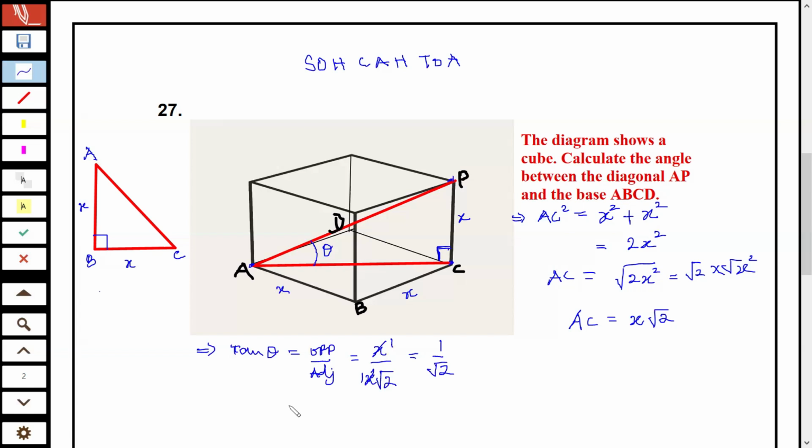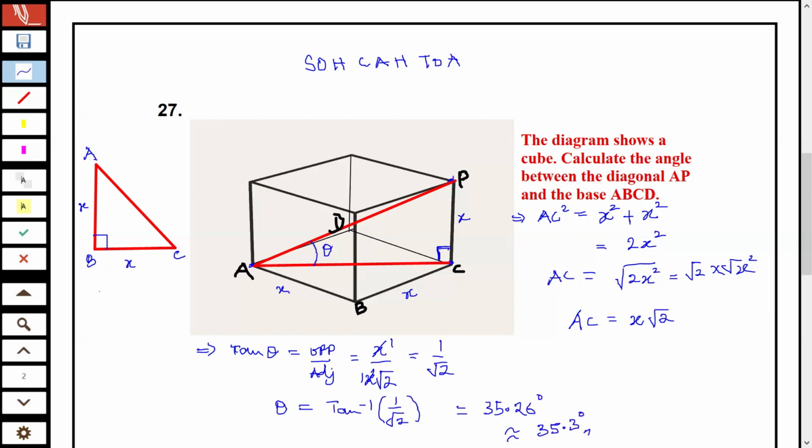But since we're looking for the angle, theta can be found by finding the tan inverse of 1 over root 2. The tan inverse of 1 over root 2 is equal to 35.26 degrees, which is approximately 35.3 degrees.